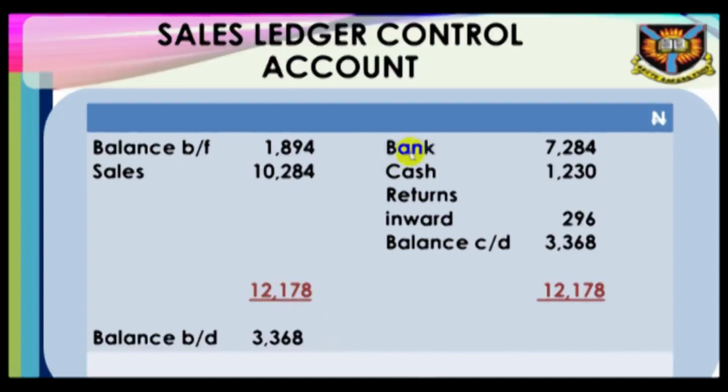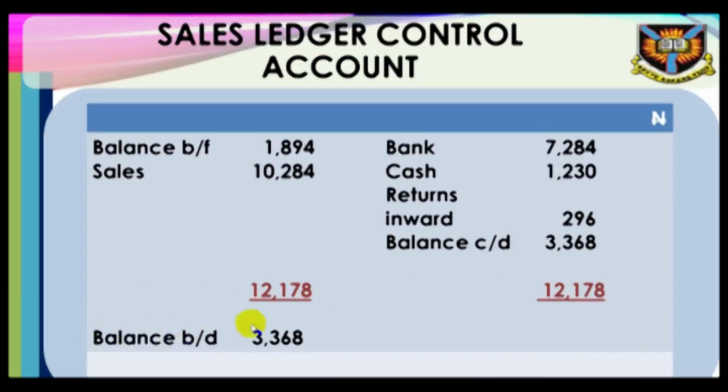On the credit side we have bank 7,284 naira, cash 1,230 naira, return inwards 296 naira, and balance carried down 3,368 naira. And both sides will give us a total of 12,178 naira.